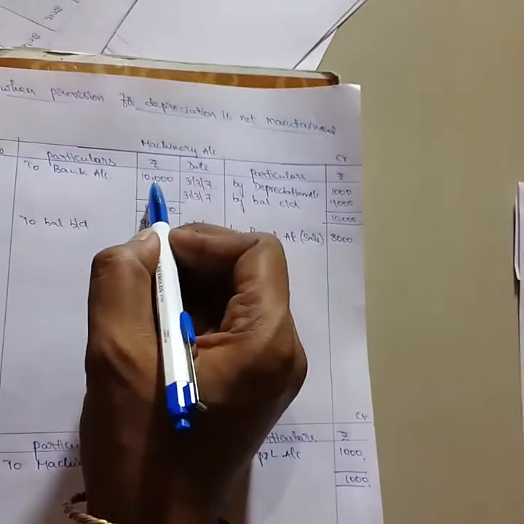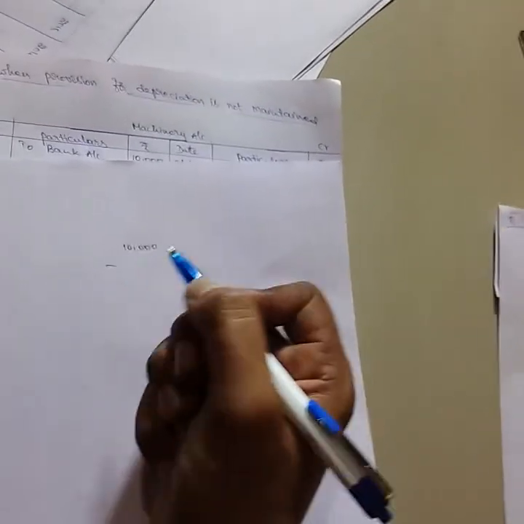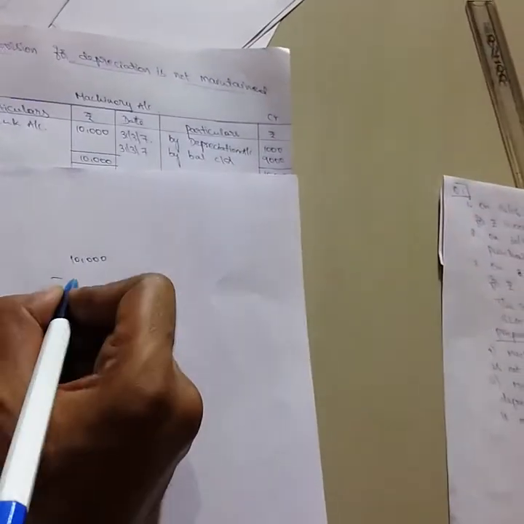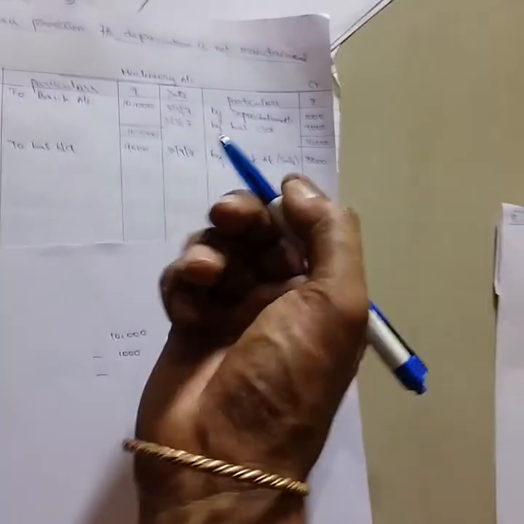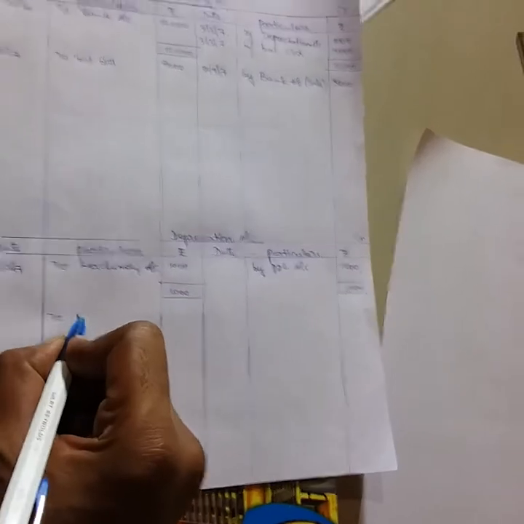How to find the book value? Take the 10,000 purchase value. I'll do the calculation part here. The purchase value is 10,000 less first year depreciation, which is 1,000, less second year depreciation. Charging of second year depreciation: journal entry, depreciation account debit to asset account.